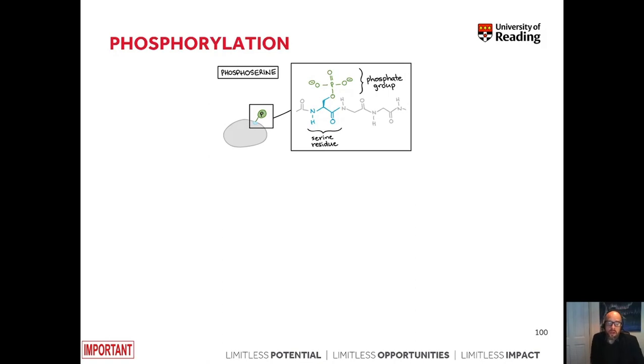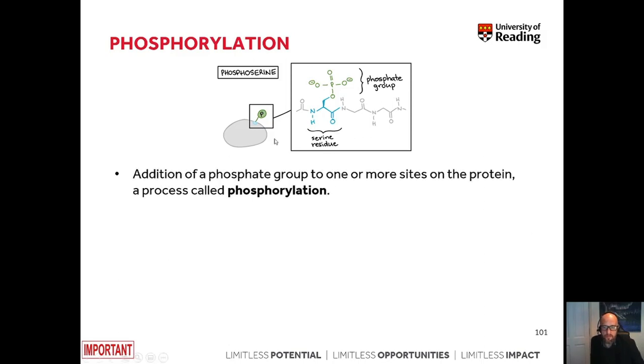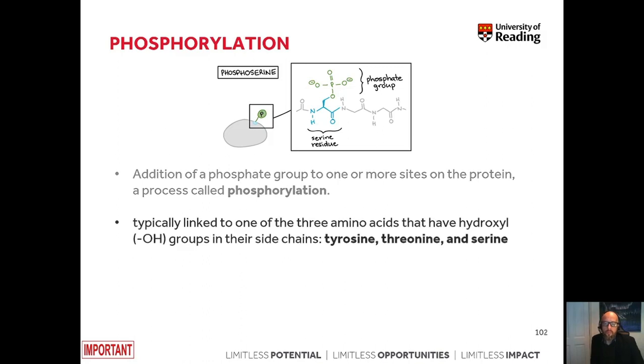Another molecular switch we need to look at is phosphorylation, because this is another very fundamental process common in all signal transduction pathways. In simple terms, phosphorylation is addition of a phosphate group to certain residues present in proteins. Typically, phosphorylation is linked to one of the three amino acids that have a hydroxyl group in the side chain, namely tyrosine, threonine, and serine.